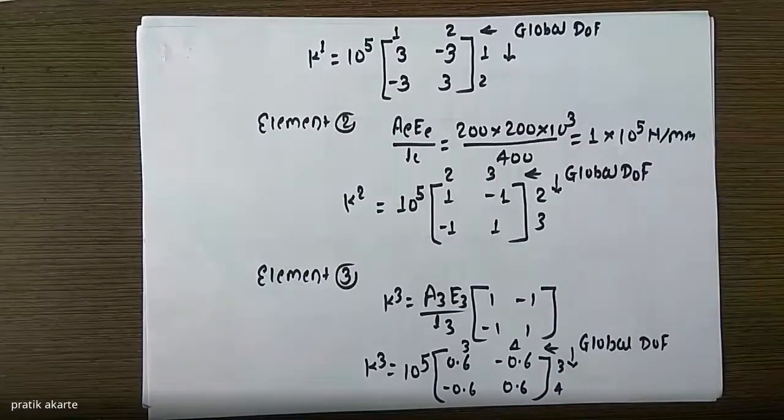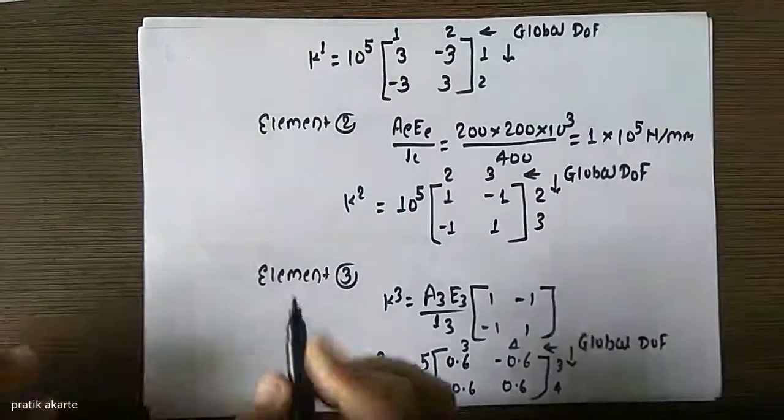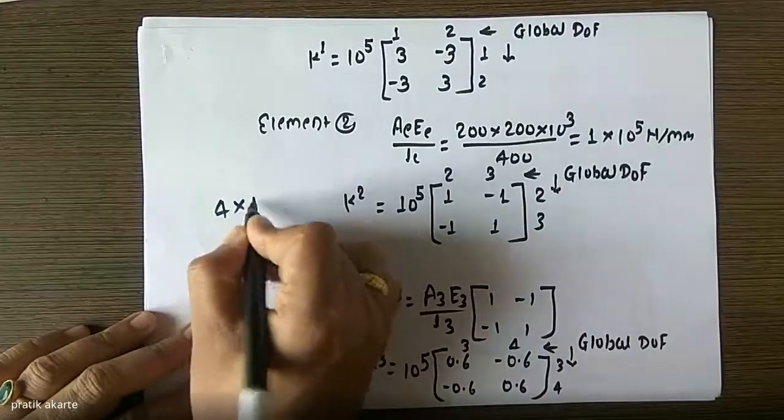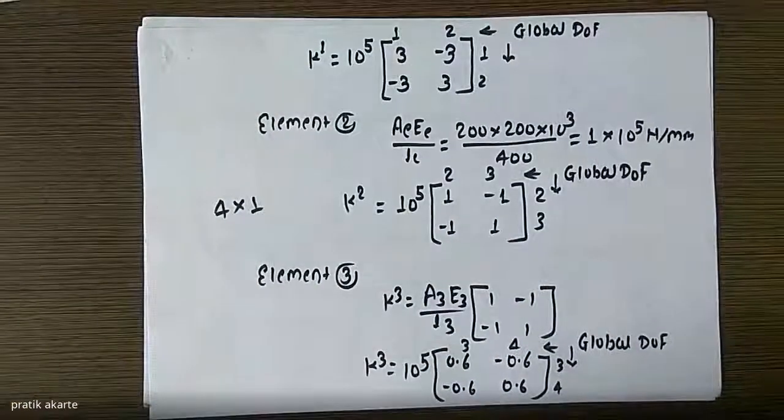Okay, so how can we judge the size of the global stiffness matrix? We have four nodes, and each node has 1 degree of freedom.